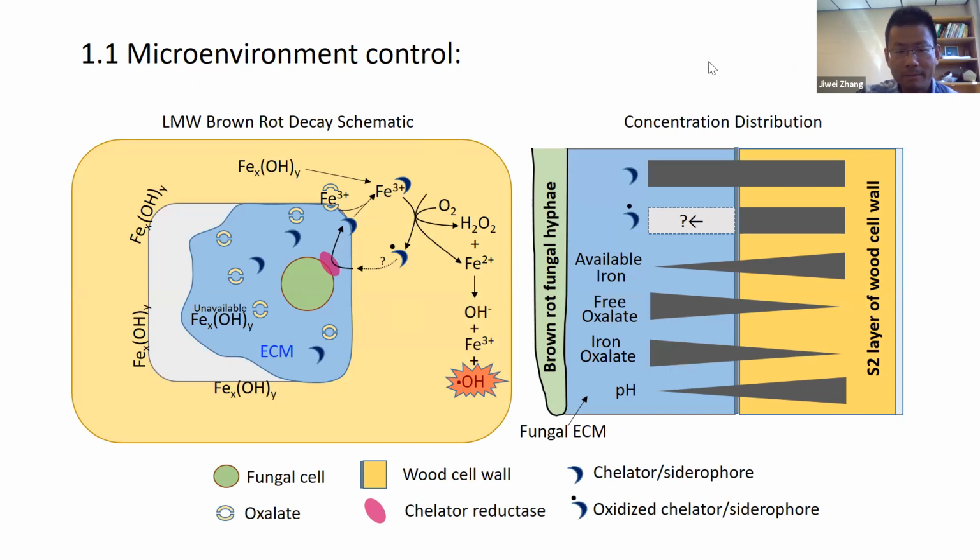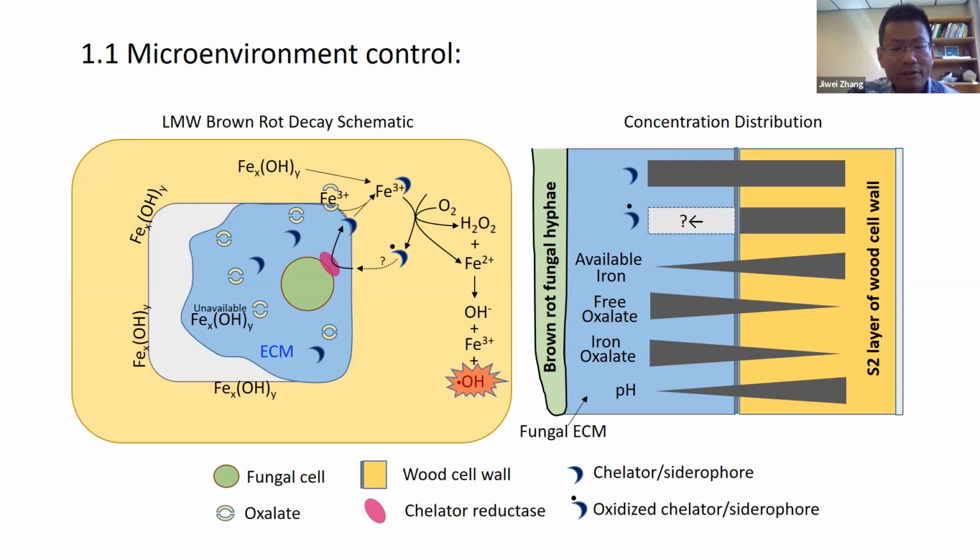That means these metabolites, once synthesized, need to diffuse to the wood cell wall. So this diffusion probably will cause some gradient. This gradient probably can restrict the production of the radicals immediately on the substrate.